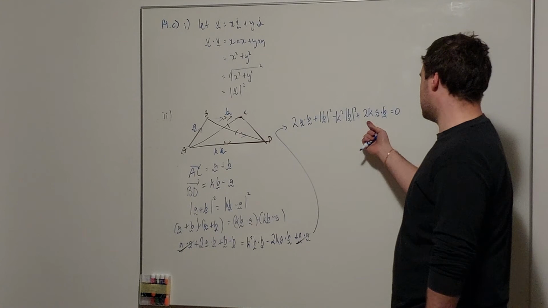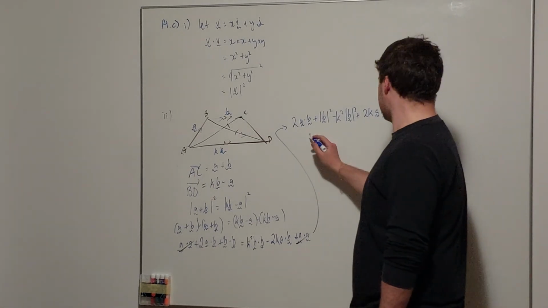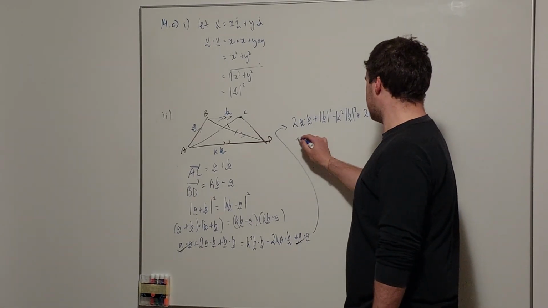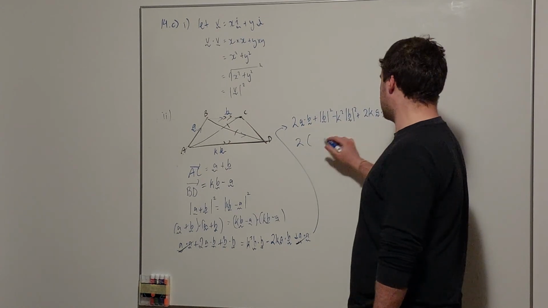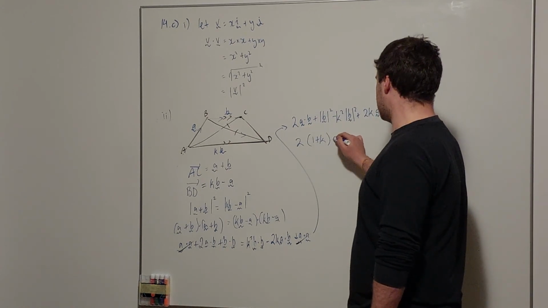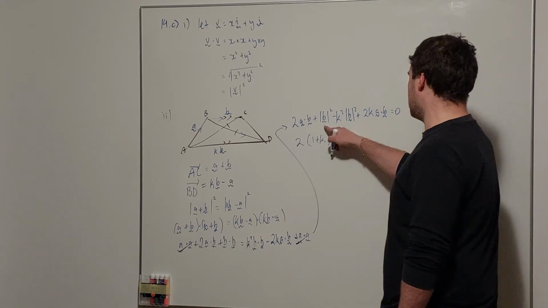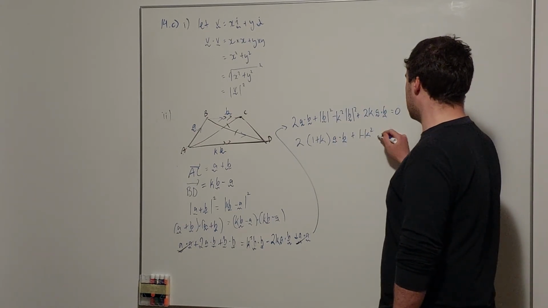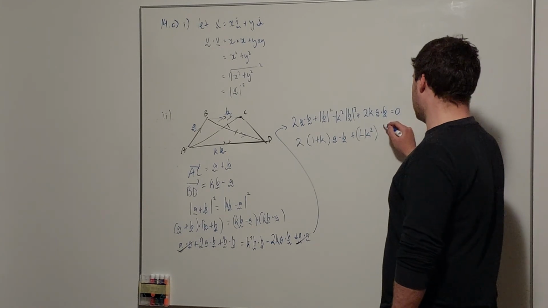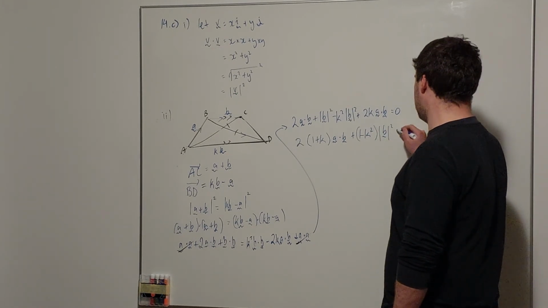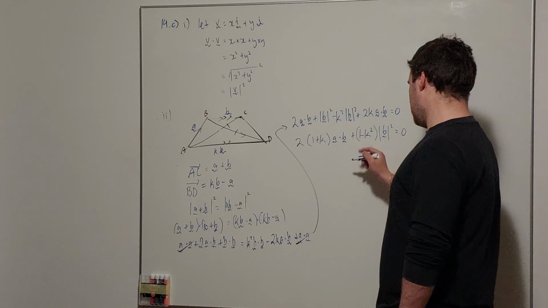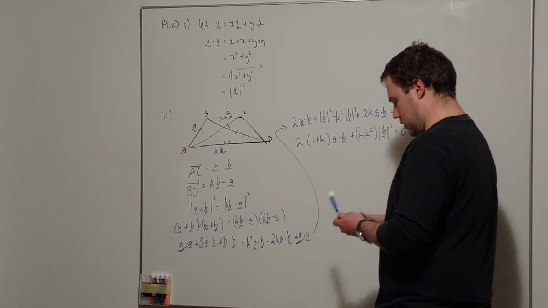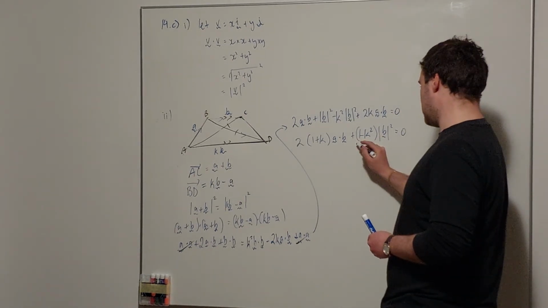So we've got 2 outside of (1 plus k) lots of a dot b plus (1 minus k squared) lots of magnitude of b squared, that we can factor into a perfect square.